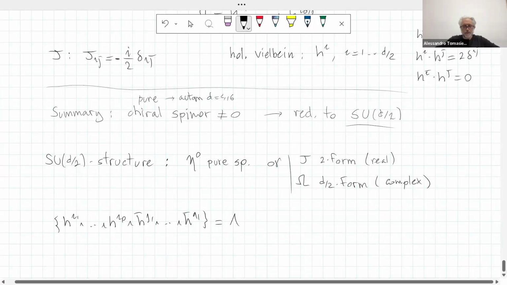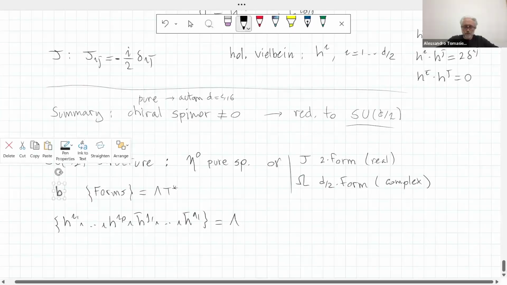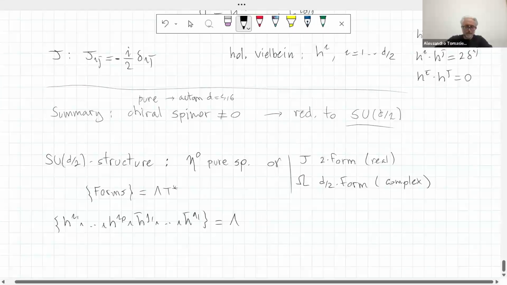Well, the space of forms is denoted usually as lambda T star. So the bundle of forms, let's say, is denoted with lambda T star.